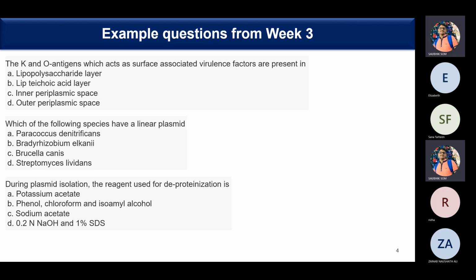The K and O antigens, which act as surface markers of virulence, where do they come from? Is it the lipopolysaccharide layer, the lipoteichoic layer, the inner periplasmic space, or the outer periplasmic space?